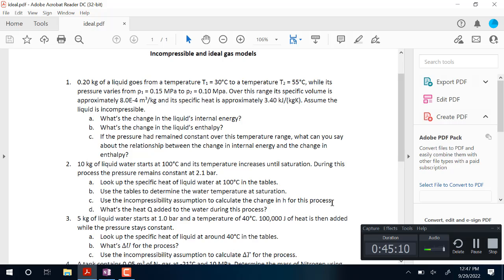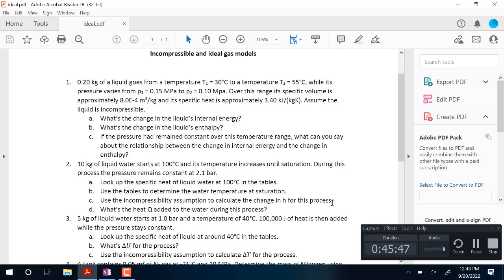So, okay, we have a known mass of liquid water that starts at 100 degrees Celsius. How does 100 degrees Celsius water, how can that be a liquid? How can that not be a saturated liquid? Because it's a super high pressure, right? So 100 degrees Celsius is the phase change temperature at atmospheric pressure, but this is twice atmospheric pressure, and so it's not at the phase change temperature yet.